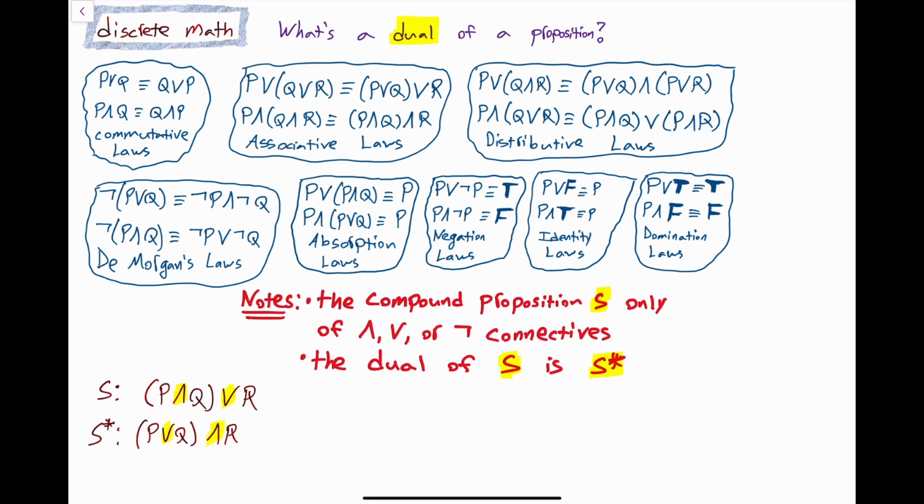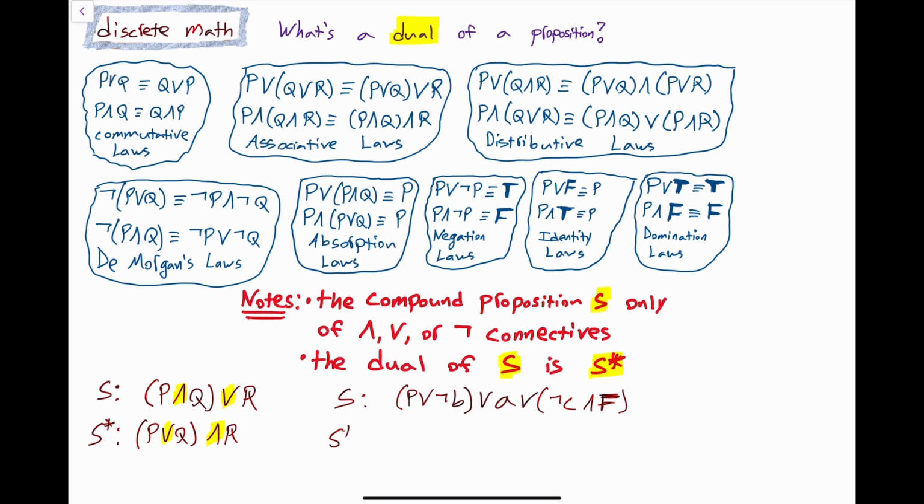For another example, let's say we have something like S as (P or not B) or A or (not C and something that is necessarily false).